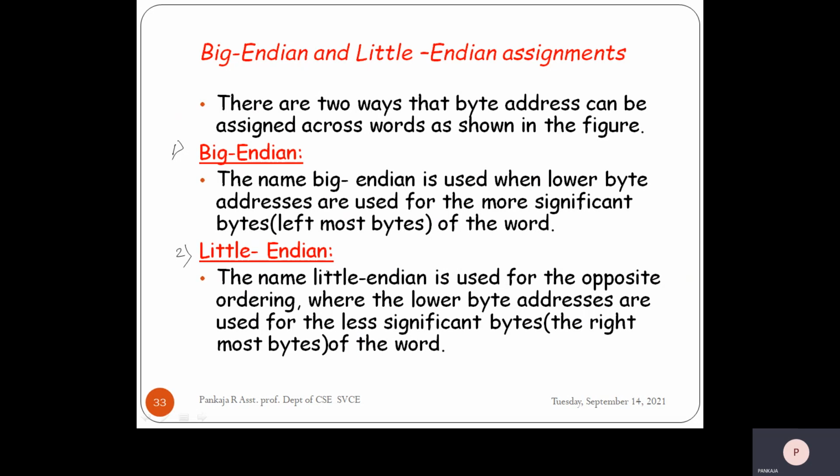Different processors use different byte addressability mechanisms. So let's understand big endian byte addressability and little endian byte addressability.